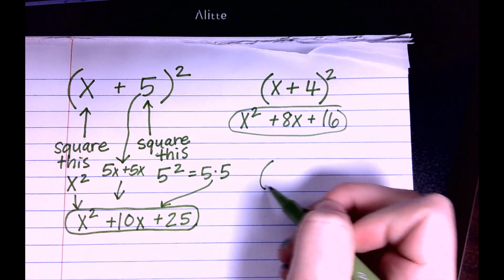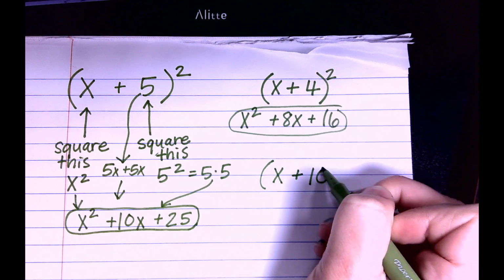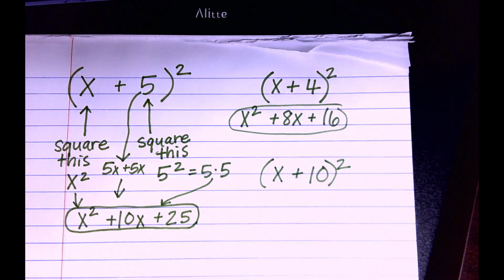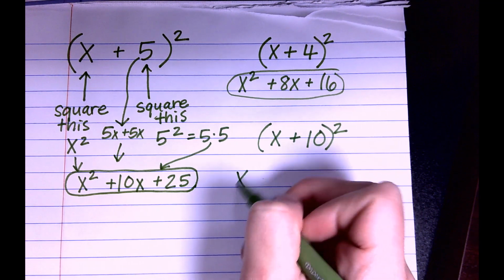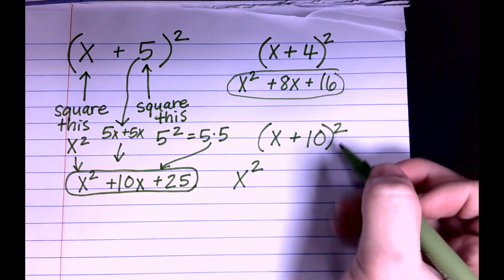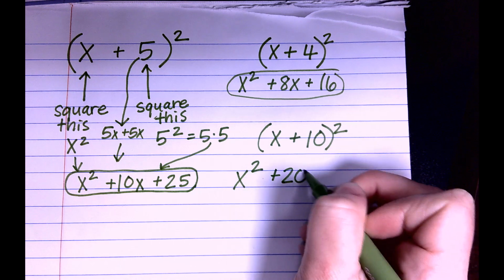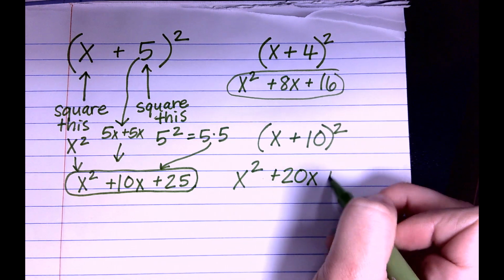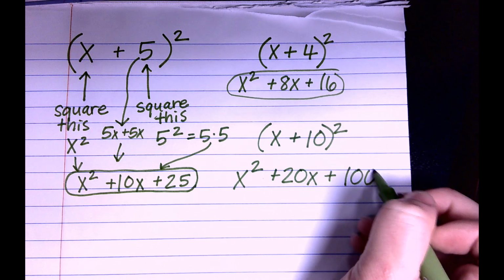What about another one? How about x plus 10 squared? Square the first term, and we get x squared. Square the last term. Oh yeah, middle term, we'll do 10 plus 10 is 20x, and 10 times 10 is 100.